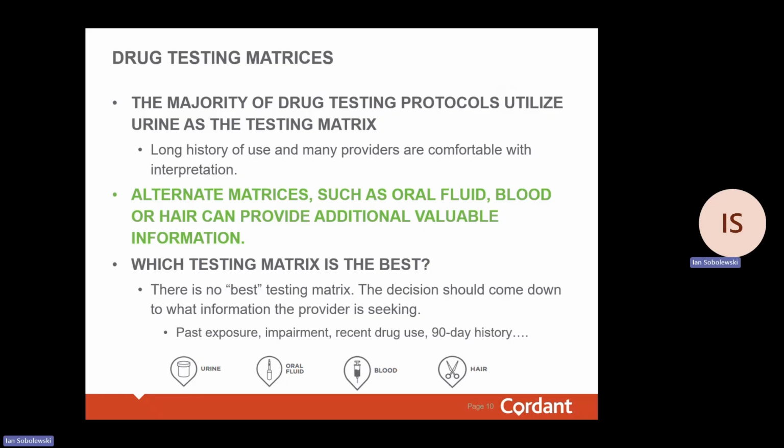We get this question a lot: what is the best drug testing matrix? There's really no best. It all depends on what information you're looking for. Are you looking for past exposure, recent impairment, recent drug use, or maybe a longer window or history, such as 90 days in hair?